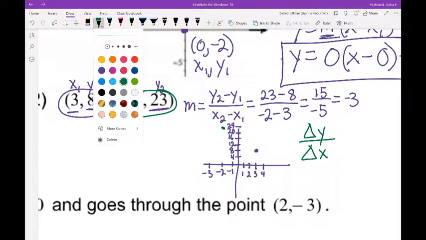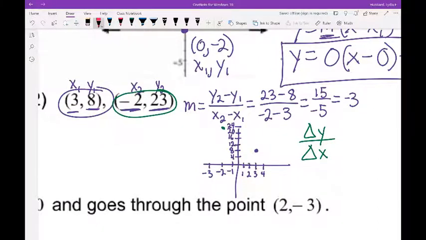So we say, what is the vertical difference between these 2 points? Well, if this is at negative 2, 23, and this is at 3, 8, vertically, they have a difference of 15.